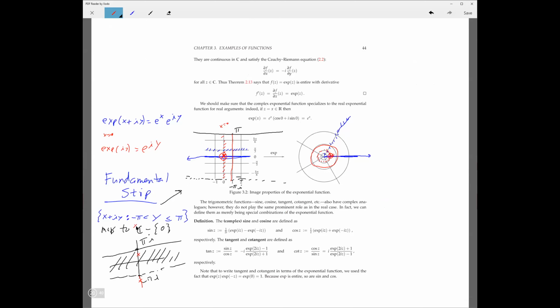And if you go up another 2 pi, then all three of those points get mapped to the same value by the exponential function. Because the x's are all the same, so that part's going to be the same for all three, and the y is different by 2 pi, so they're all going to be the same too because we're plugging them into the cosine and sine. All right, so that is the exponential function.